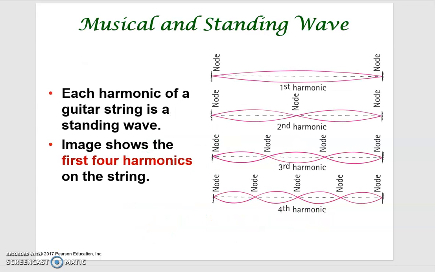And the musical sound produced by an instrument is intrinsically related to the standing wave. For the guitar, which has both ends fixed, there is a node on both ends, and it can produce the first harmonic.